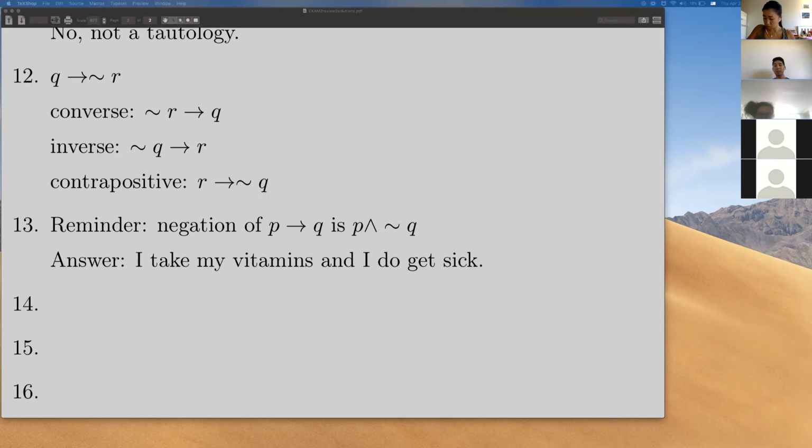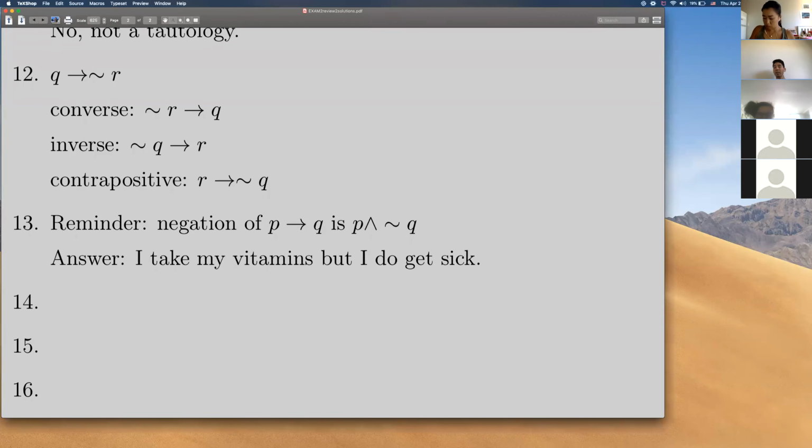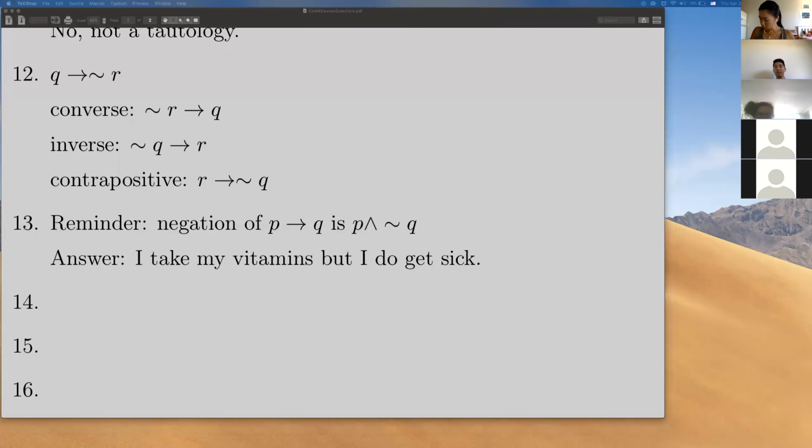I think it sounds more natural in English to replace and with but. Those are logically equivalent, and or but doesn't matter. You could stick with and, you're still correct. But to say I take my vitamins, but I did get sick, sounds like a more natural thing that you might say.